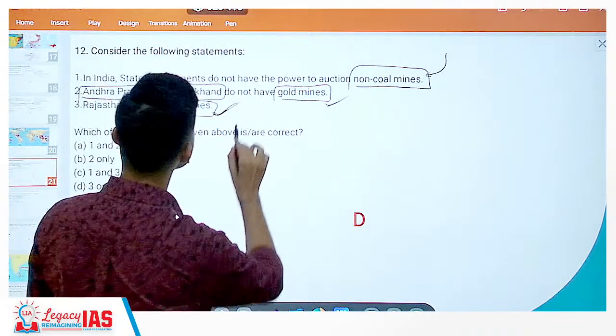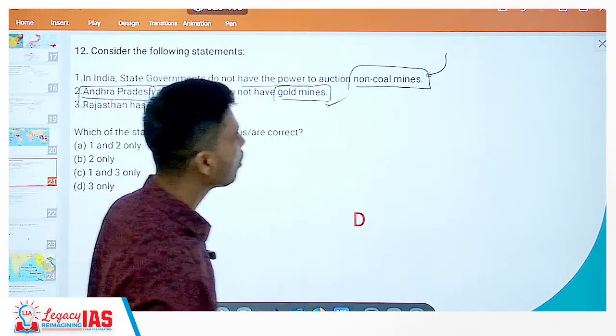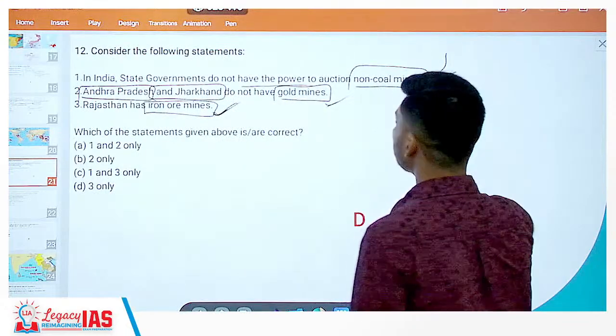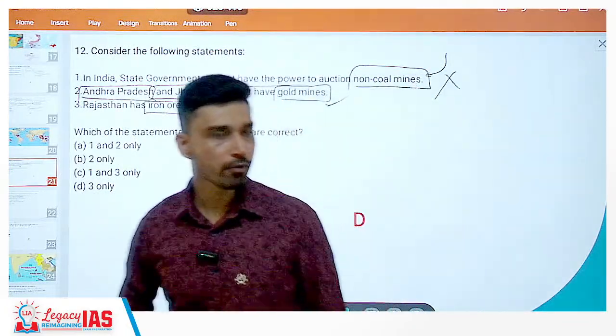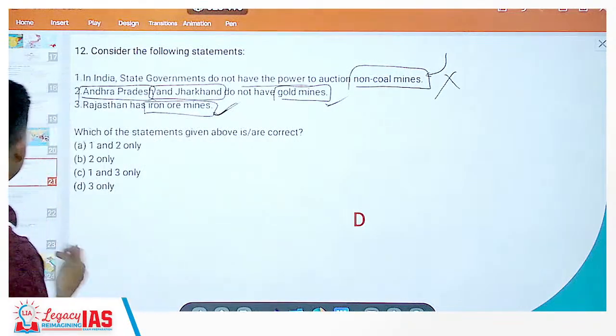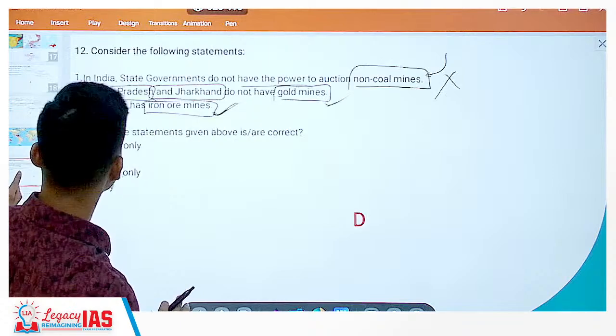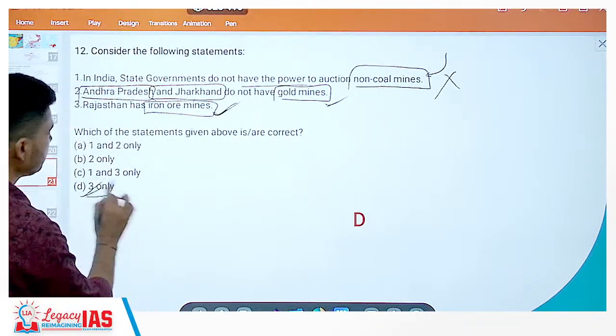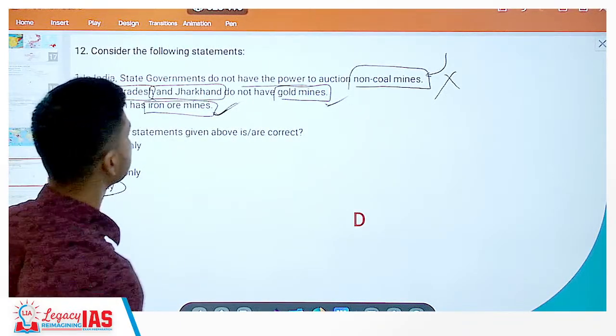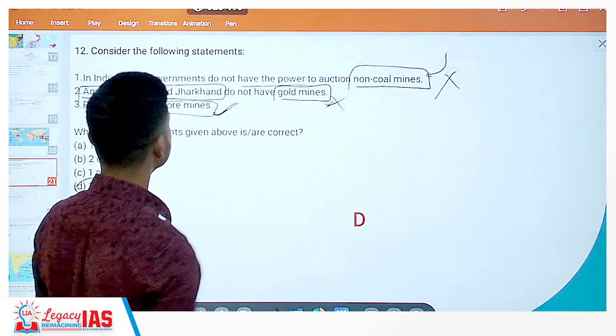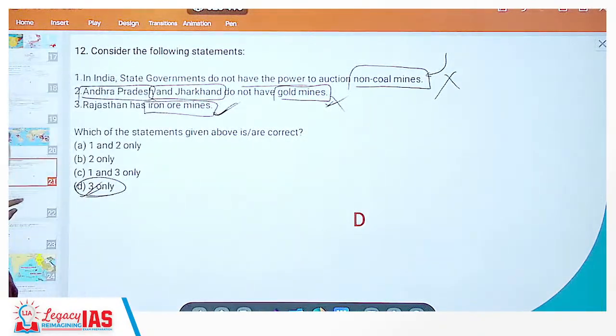And third is, in India, state governments do not have the power to auction non-coal mines. That is an incorrect statement. State governments do have the power to auction minor minerals. So, the correct answer in this case will be 3 only, that is D. Rajasthan has iron ore, that is the correct statement here.